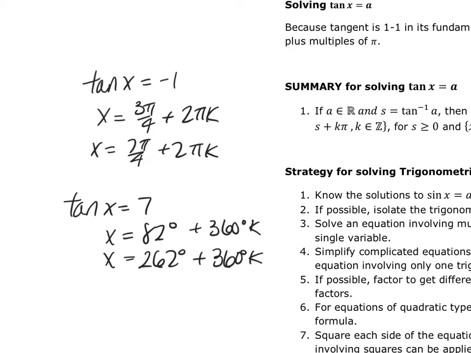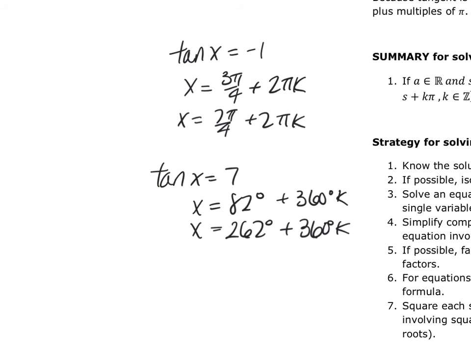But here's the thing about tangent. That's why we like tangent, but we don't like tangent. It's a love-hate relationship with tangent. My tangent has period of what? Pi. So this first one I could have just simply written as 3 pi over 4 plus pi k, because it has period of pi.